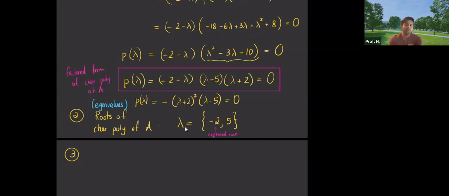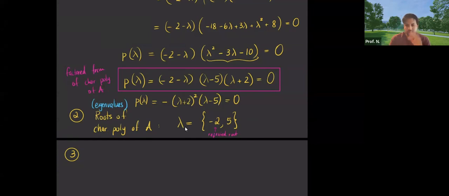Now, what we don't always know immediately is, when I find the null space of that matrix, whether or not I get what's called enough, quote unquote, eigenvectors from it. That's all I'm going to say for now.